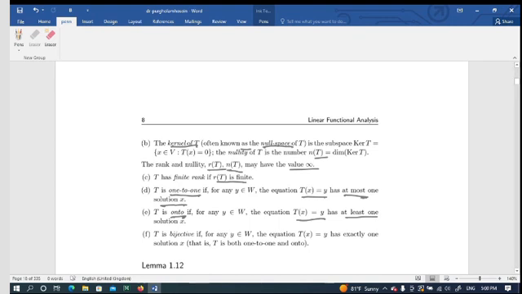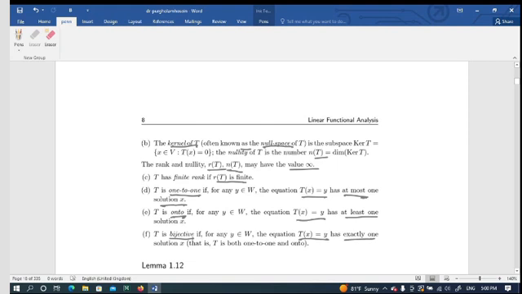T is bijective or one-to-one correspondence when for any y the equation T of x equals y has exactly one solution. Exactly here, at most in D, at least in E, and in F bijective: exactly one and not more solutions, just one and only one solution.